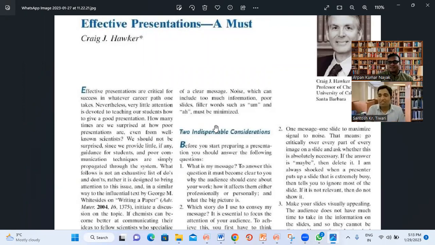Yes, you are absolutely right. Definitely everyone is interested in how they can publish their work in a good journal, so they should focus on what the editor C.J. Hawker presented here, on what he wants to tell the researchers.